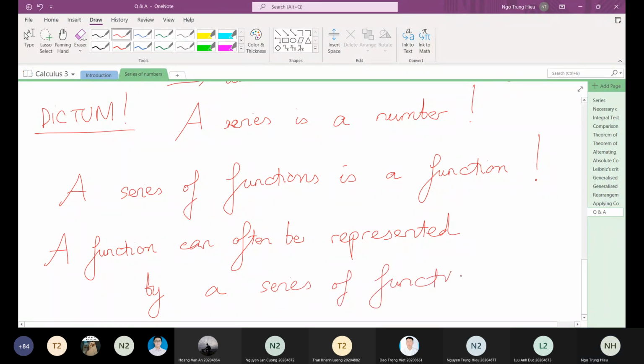These are three dictums, very important. If you remember these dictums, you will know why you study these things and how they are useful.